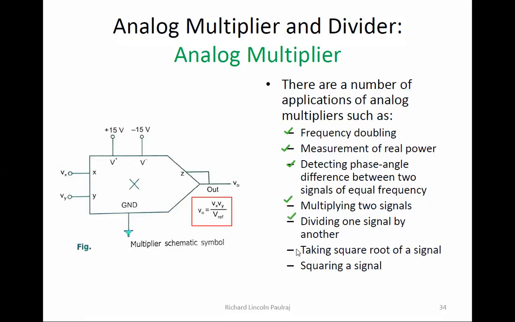We can also take a square root of a signal, and we can even square a signal, signal into signal. So all these are some of the applications. It's not just limited to these applications, but depending on what kind of device you're going to connect, and what kind of customizations you're going to do, the applications are going to increase.